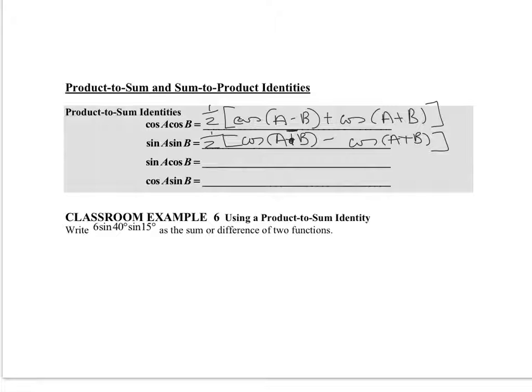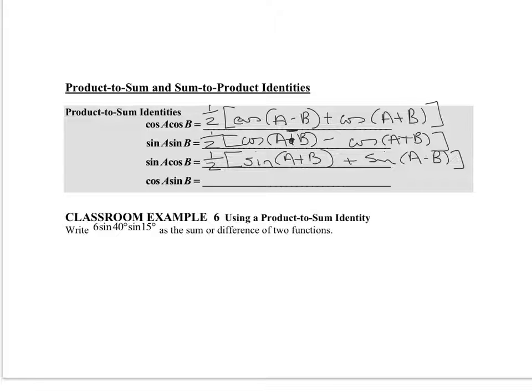Now, when we talked about the sine of A times the cosine of B, that was part of which one of those identities? When we had, instead of cosine of A plus B, it was the sine of A plus B. So sine A cosine B becomes 1/2 times the sine of angle A plus B plus the sine of angle A minus B. These are the ones where we reverse the order and we put the A plus B first.